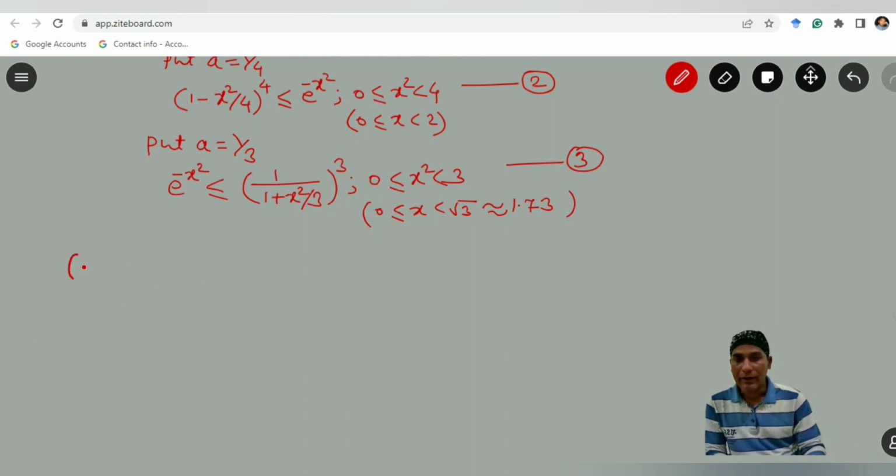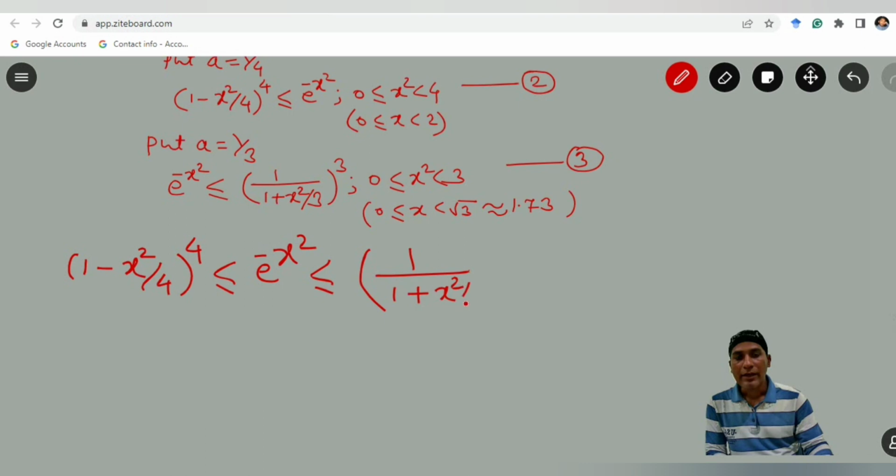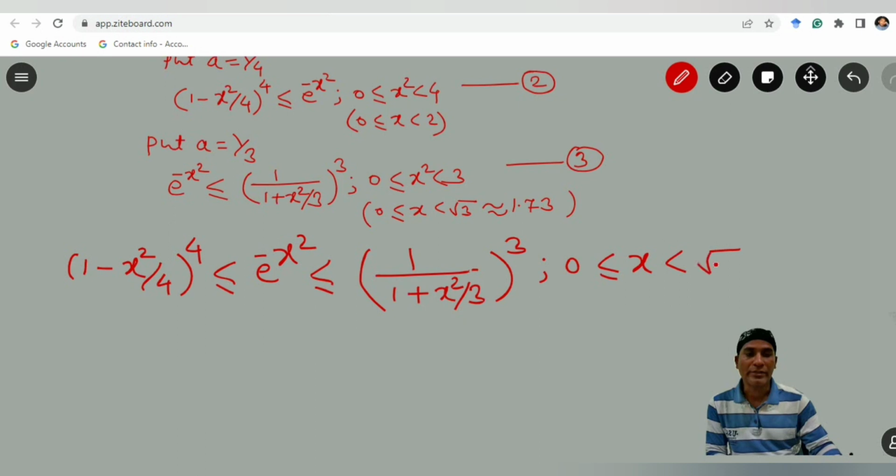That means 1 minus x square over 4 to the power 4 less than or equal to e power negative x square less than or equal to the cube of 1 divided by 1 plus x square over 3, and these inequalities simultaneously hold for the values of x between 0 and square root of 3, as our second and third inequalities are valid for the intervals 0 to 2 and 0 to square root of 3 respectively.